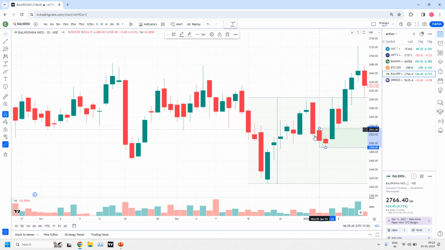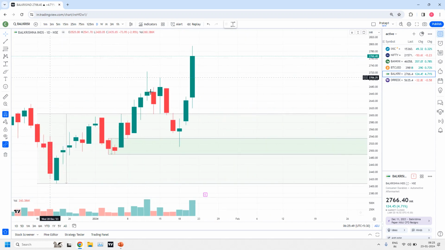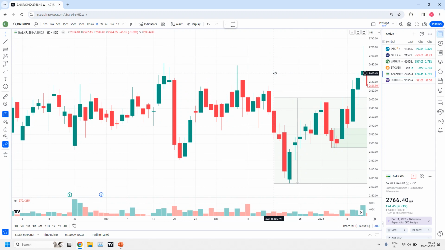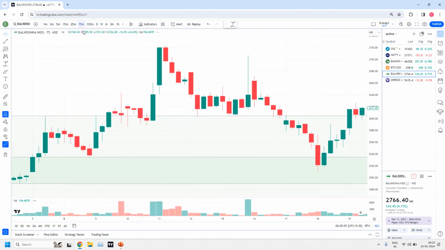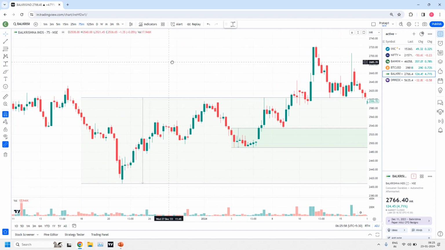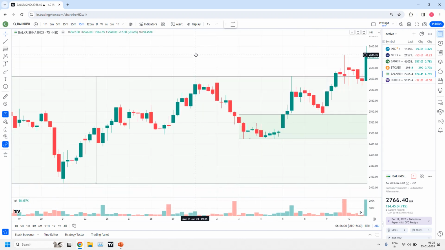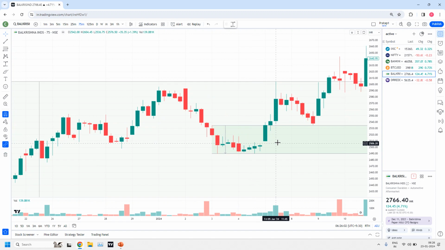Inside the daily demand zone, what we did again, we identified a 75 minutes demand zone inside this. So further it went to the 75 minutes time frame. In the 75 minutes, we identified a demand zone. We have a drop, 3 base candles, but there is a pro gap. Most of you already learned about the pro gap.